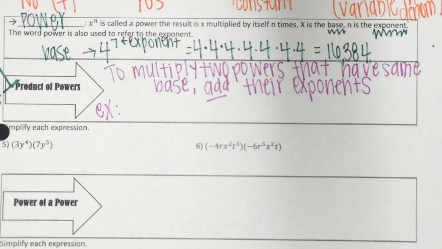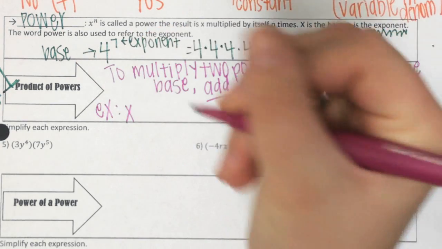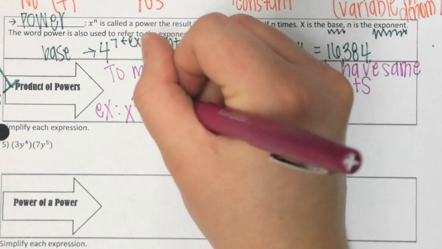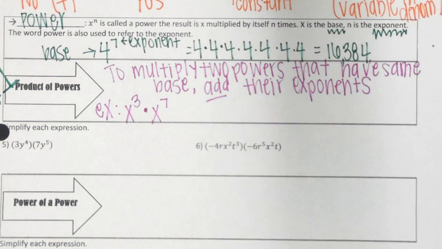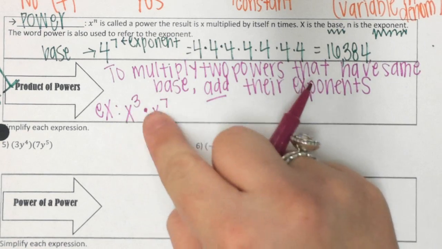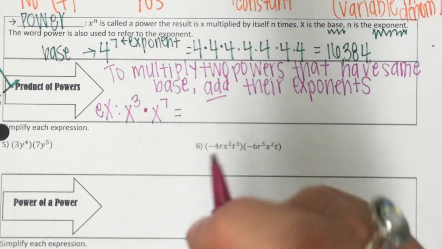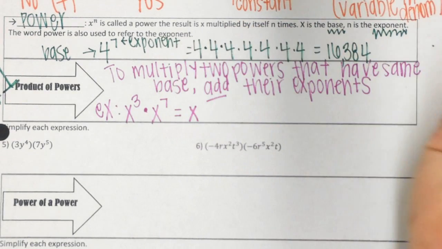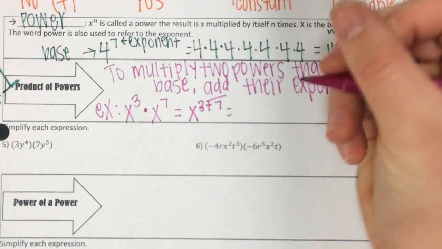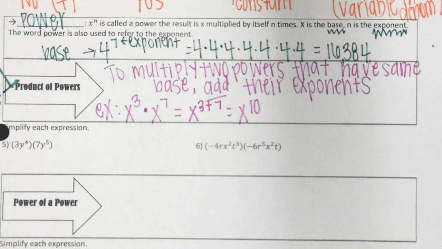So if I'm multiplying exponents that have the same base, let's use x. I have x to the 3rd, multiplying it by x to the 7th. So I have 2 powers, they have the same base, and I'm multiplying. When I'm multiplying exponents, I really just add them. To combine them into one base, I add 3 plus 7. So it simplifies to x to the 10th power. Have y'all seen this?